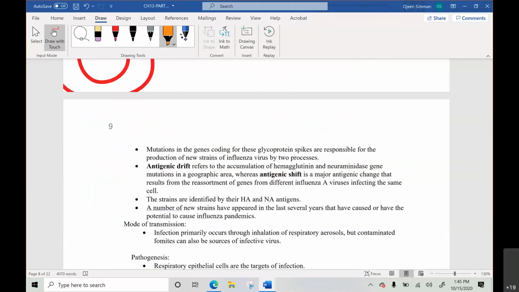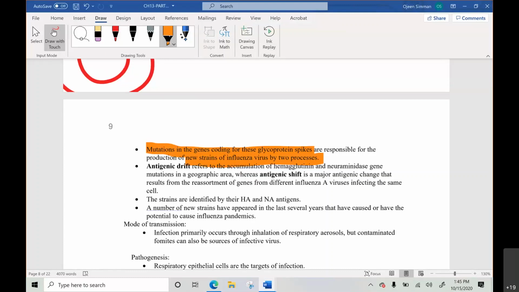Mutations in the genes that code for these glycoprotein spikes are responsible for producing new strains of the influenza virus. Remember, whenever you get the flu shot or the vaccine, it's only defending you against the most common influenza strains, not all of them.